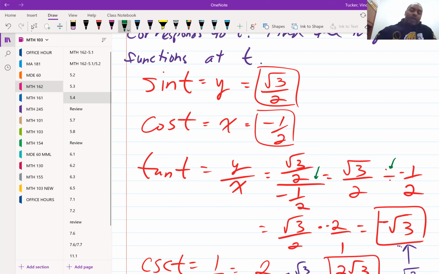And whenever you divide by a fraction, you multiply by the reciprocal. So that's the square root of 3 over 2 times -2 over 1. You have to flip it and multiply. So your 2's cancel, and that will leave you with negative square root of 3. Any problems with tangent before we move to the next three?